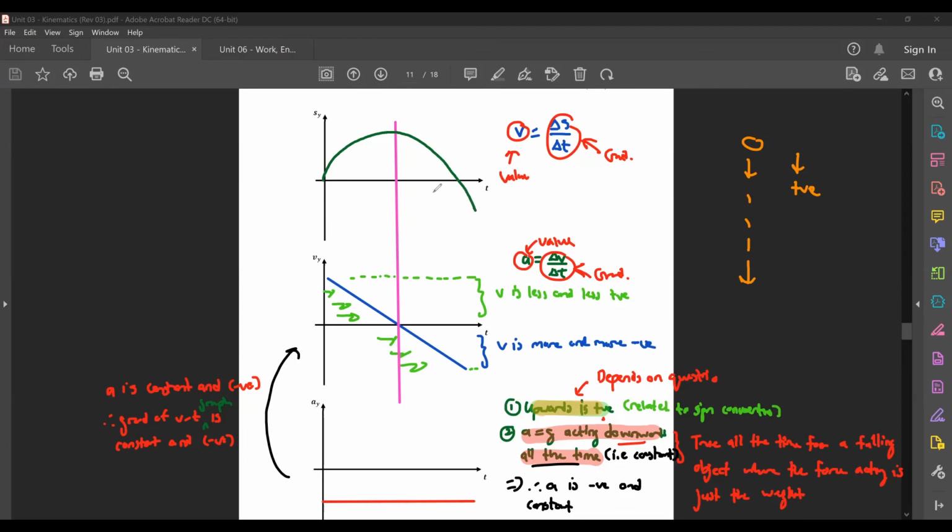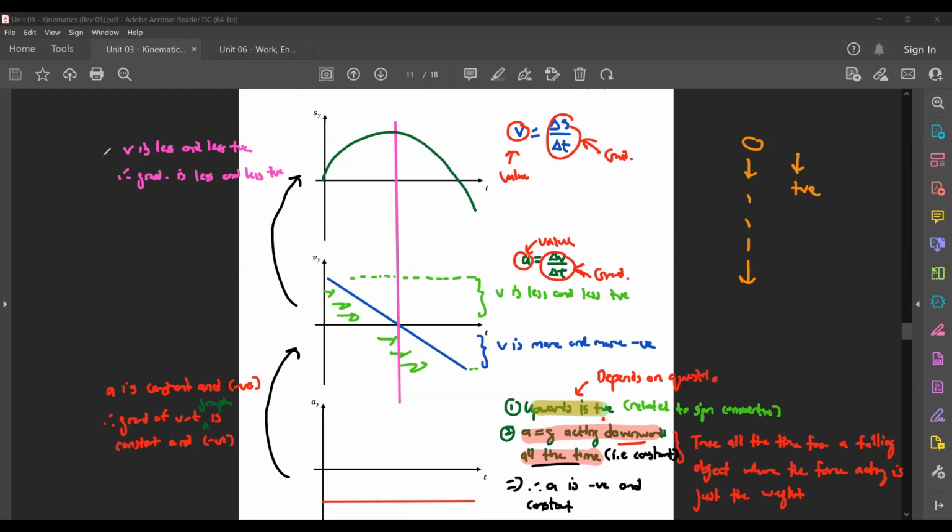So when I go from here to here, you can just say that v is less and less positive. Therefore, the gradient is also less and less positive.